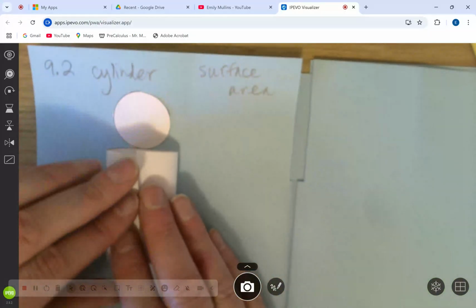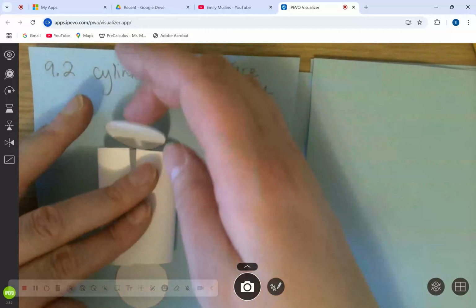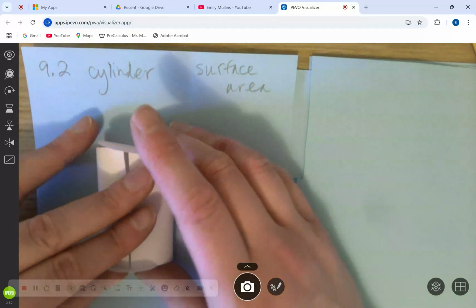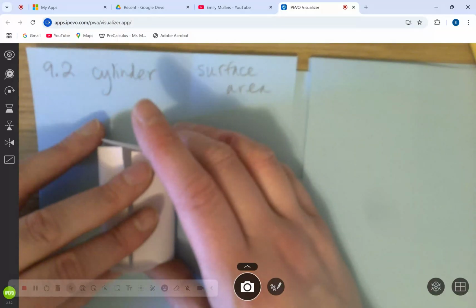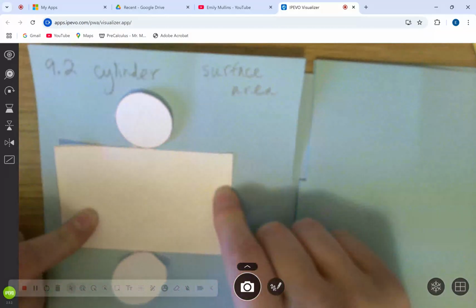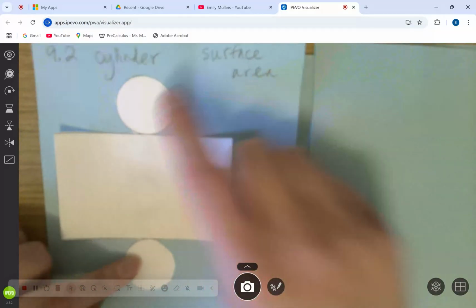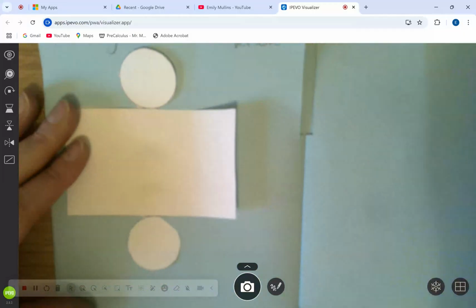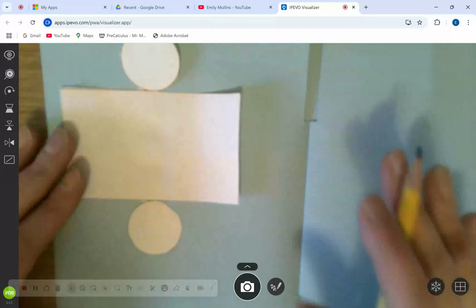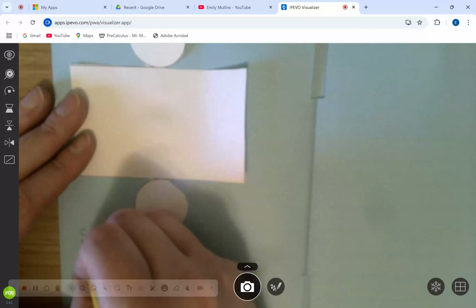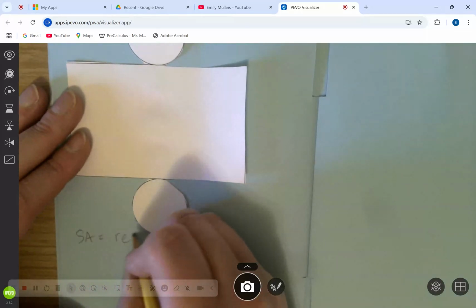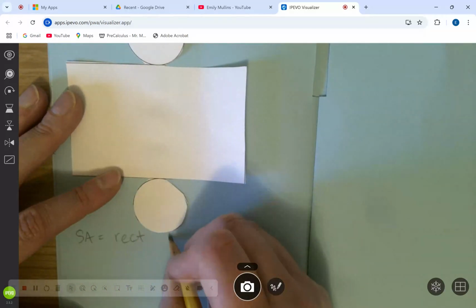And this would be around the middle of my cylinder, and these would be both of my ends. So for my cylinder, what I've got is a giant rectangle and two circles. So let's think about what's going on here. For my surface area, I have a rectangle plus two circles.